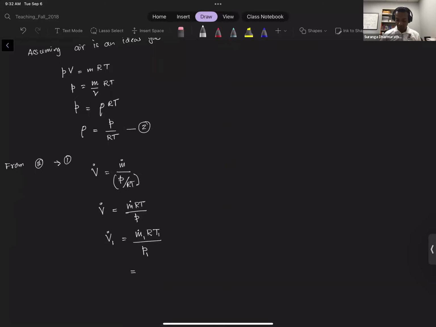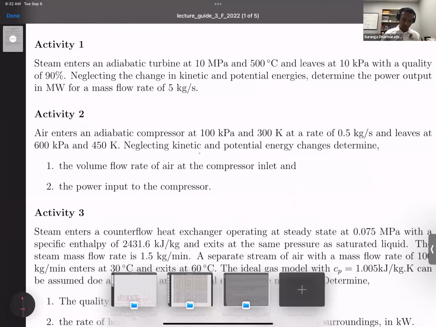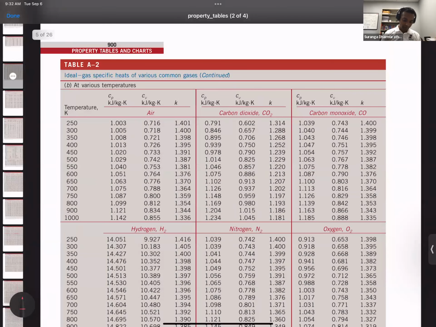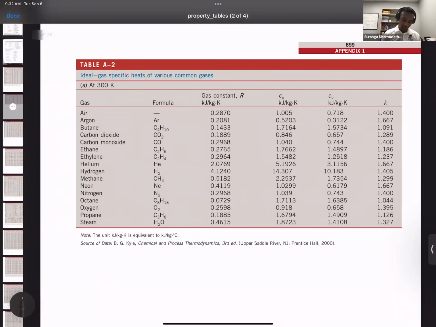For air, if you look at the tables, I'm going to go to the tables to look at properties. Here you go, properties of air at various temperatures. This has 300 K, so we're going to take the 300 K values.